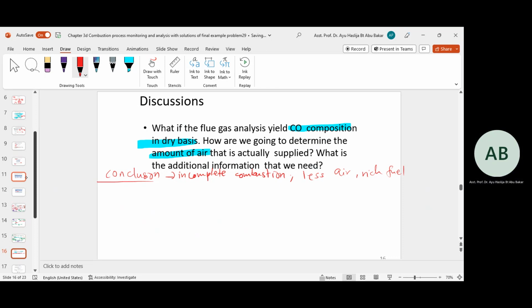Okay, now, how are you going to determine the amount of air that is actually supplied? What are the infos required to determine the amount of air?